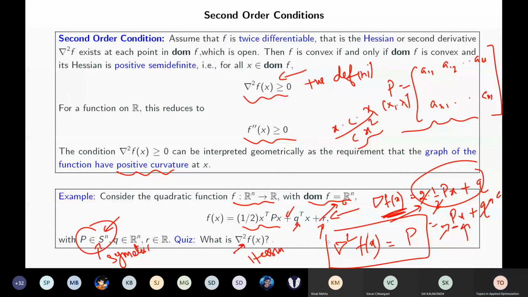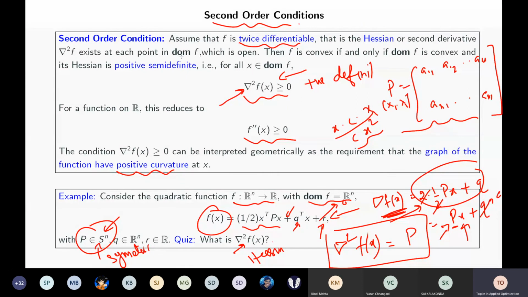Remember what the second order condition tells us. This is the function, and let us try to see what it will mean in the case of a general quadratic function. If we are given a quadratic function like this, then it will be convex if and only if, first of all, it is twice differentiable. In this case, it turns out that it is indeed twice differentiable.